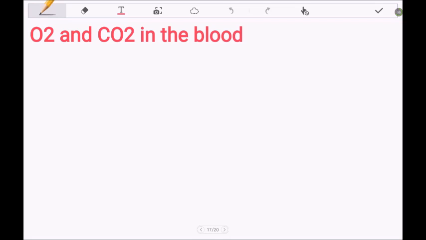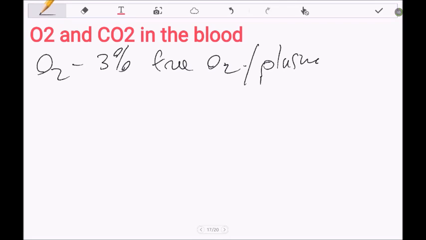Next, I want to talk about CO2 and O2 in the blood. So oxygen is dissolved in the blood as well as carbon dioxide, but about 3% of O2 is free oxygen, right? That is dissolved in the plasma, and the other 97% of it is bound to hemoglobin.